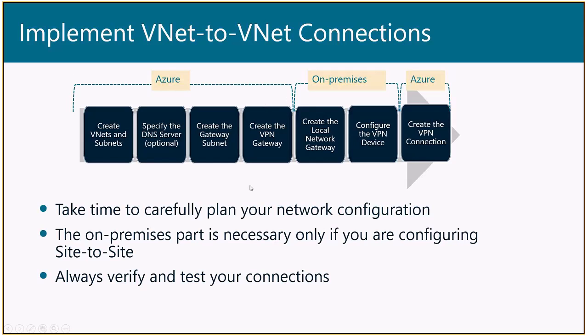Now we're going to create a gateway subnet and create the VPN gateway in Azure. On-prem, we create a local network gateway and configure the VPN device, and in Azure you create the VPN connection to connect to that VPN device. It takes time to carefully plan your network configuration. The on-prem part is necessary only if you're configuring site to site.